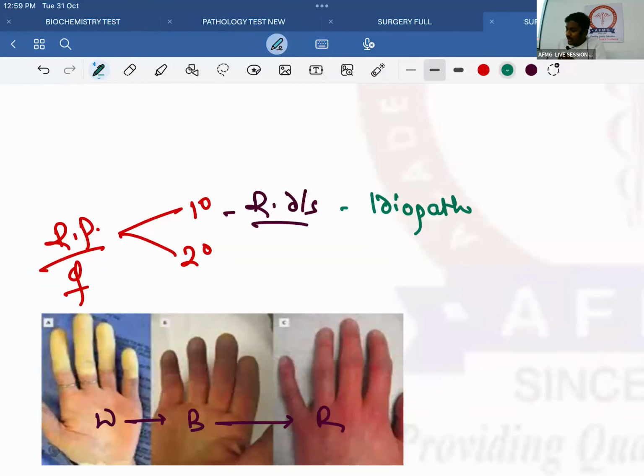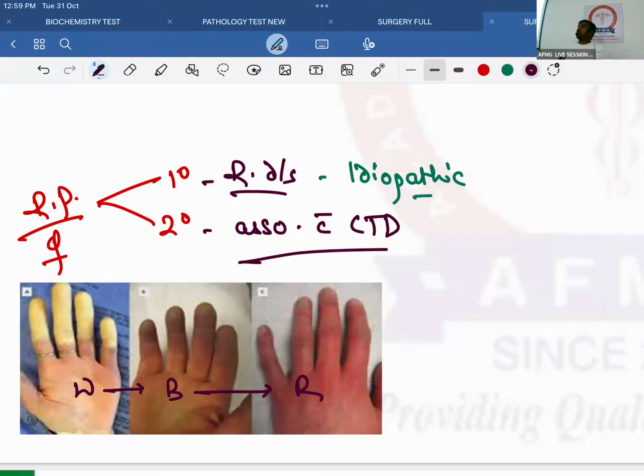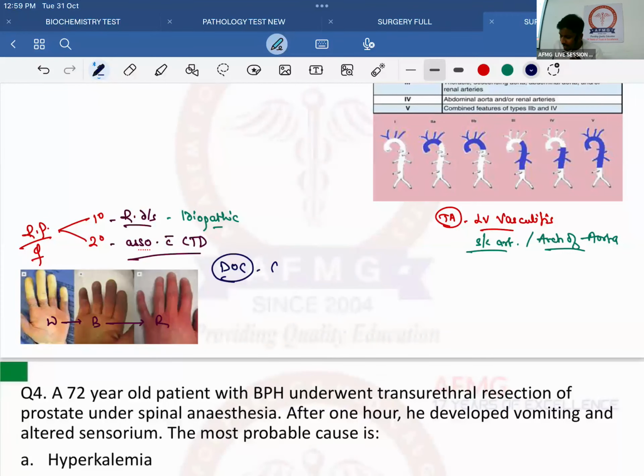It is not associated with any other condition. We don't know the cause. Secondary is associated with connective tissue disorder, something like scleroderma, SLE, rheumatoid arthritis. Tell me the drug of choice too. Calcium channel blockers. Something like nifedipine or amlodipine can be given.